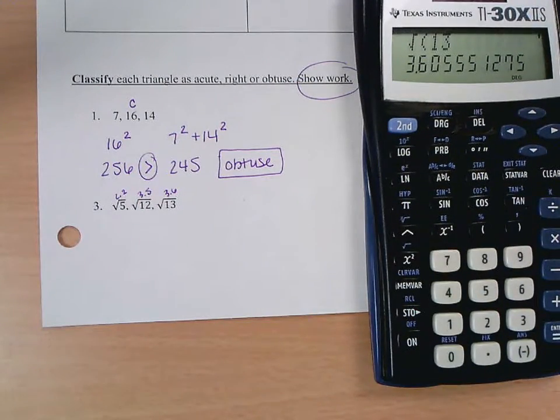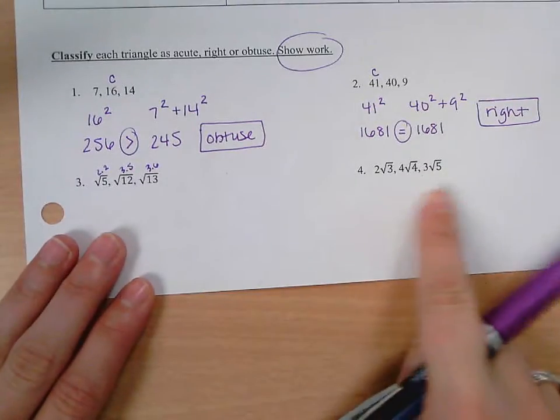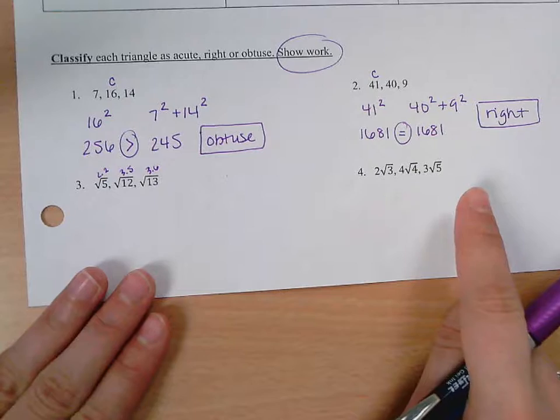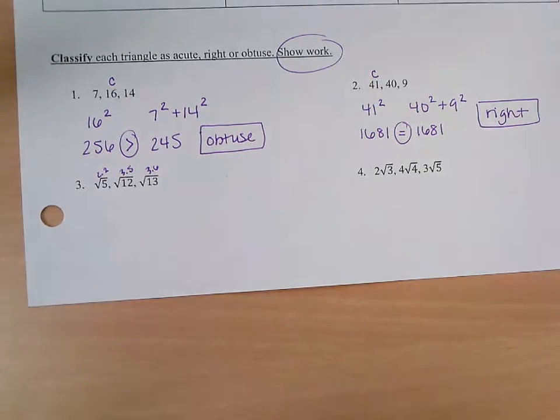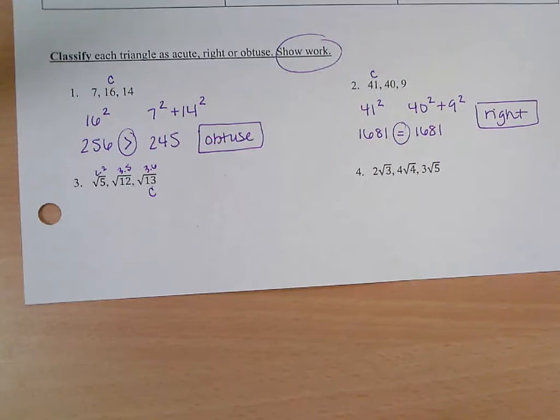Okay, so yes, you might have said that between the square root of 5, 12, and 13, the square root of 13 is probably the largest. I would type them in just to make sure, especially when you have something like number 4, where it might be more difficult to tell which one is the largest when they're being multiplied by something. So the square root of 13, that would be my C. That's the longest.